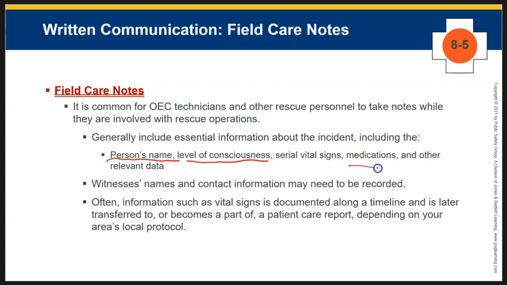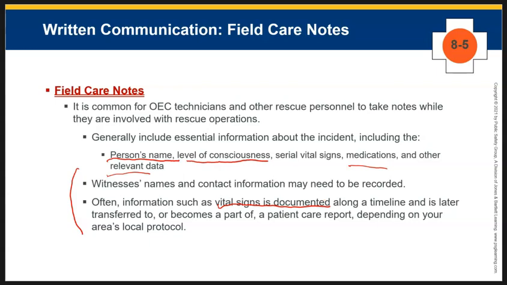We might have some information about patient history. We also may just record some contact information along with vital signs over time, especially if serial vitals are taken. A field care note could even be simpler than that, just a strip of tape that you tear off from your vest and put onto the patient's jacket, and record serial vitals with time using a Sharpie in your pocket.